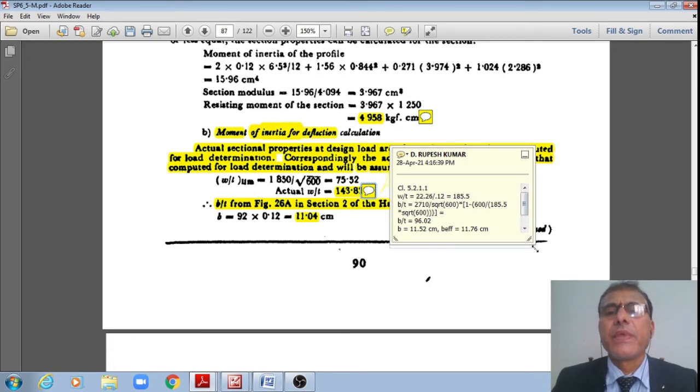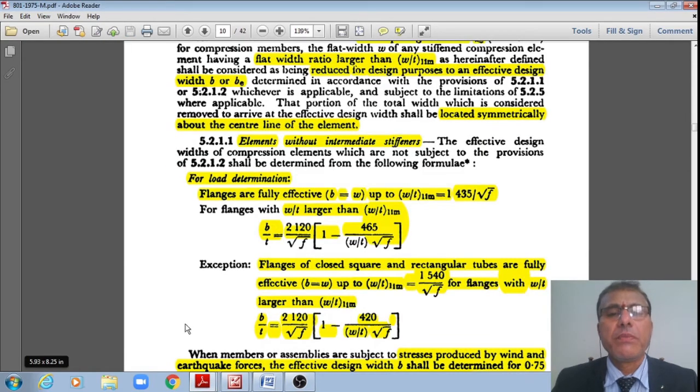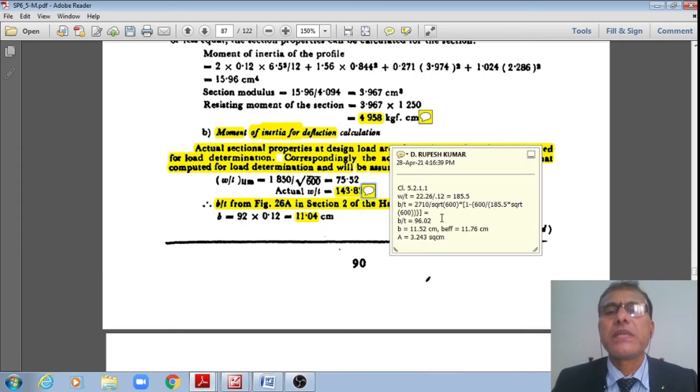And whereas B by T as per this clause is equal to 2710 divided by square root of F, F is just assumed as 600, multiplied by 1 minus 600 divided by W by T multiplied by square root of F, from this clause 5.2.1.1, right? This formula.